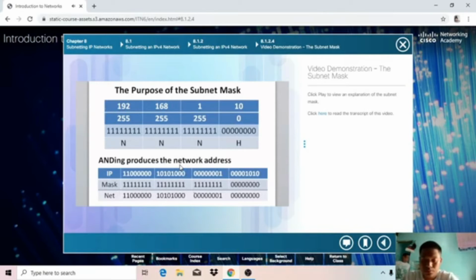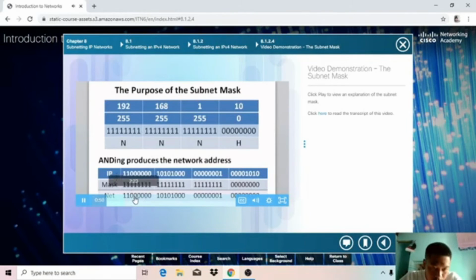This ANDing is a logical process: a true and a true makes a true, and a false and a true makes a false. If we logically AND the IP address with the subnet mask, we get the network address. So 192.168.1.10 logically ANDed with 255.255.255.0 produces the network address.